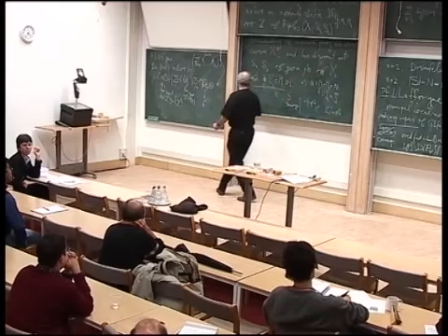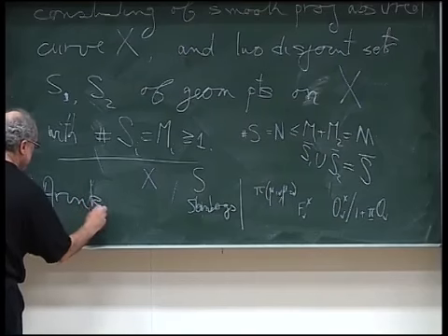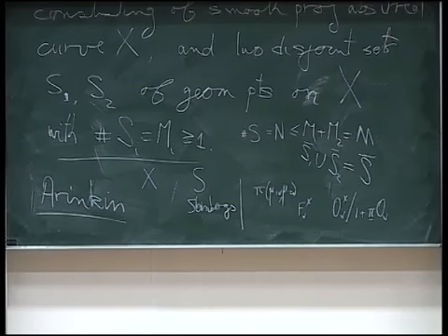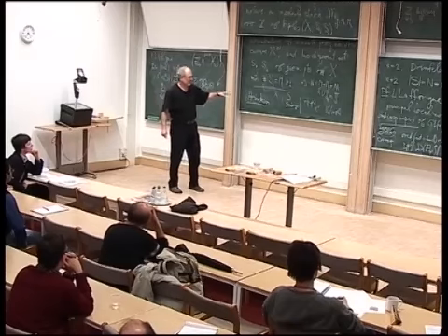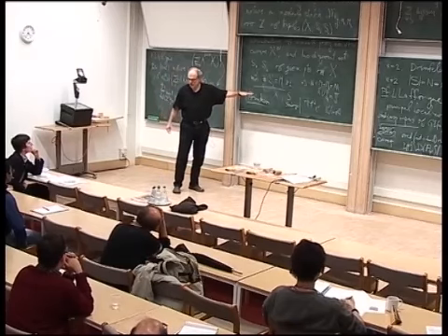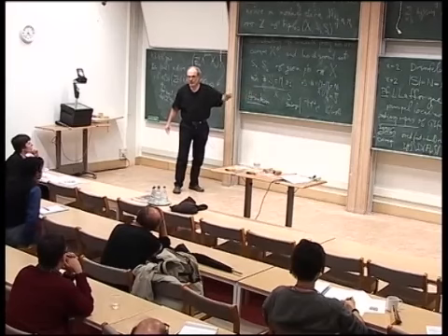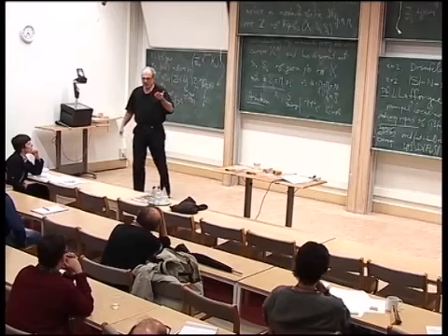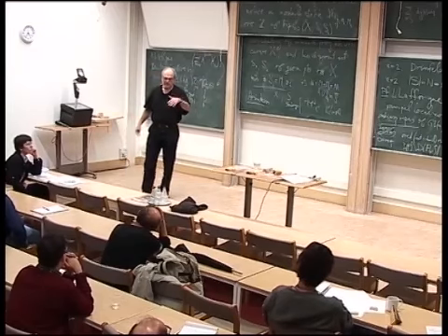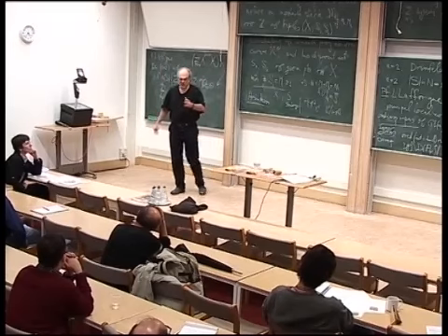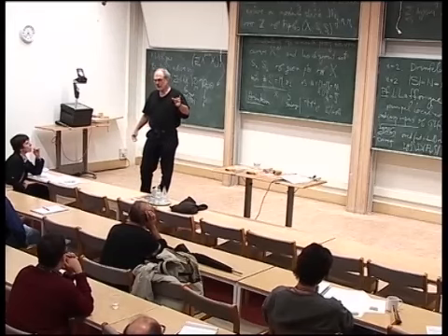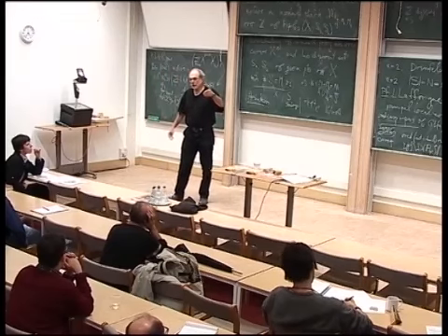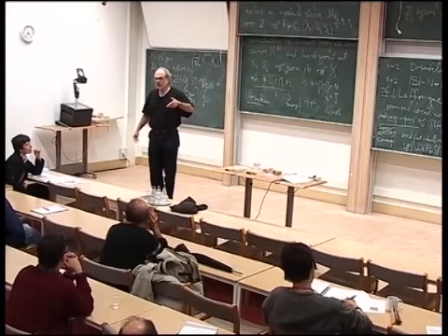Arinkin. I started thinking of this because of Arinkin. Arinkin was, I believe, a student of Drinfeld, and I don't believe that he wrote it up, but he computed the number of local systems up to equivalence fixed by the Frobenius, in other words, of automorphic representations which are unramified at all places, with ramification at a finite number of places where you have tamely ramified components.